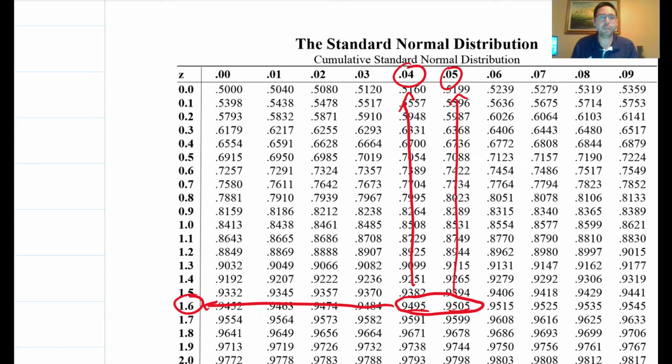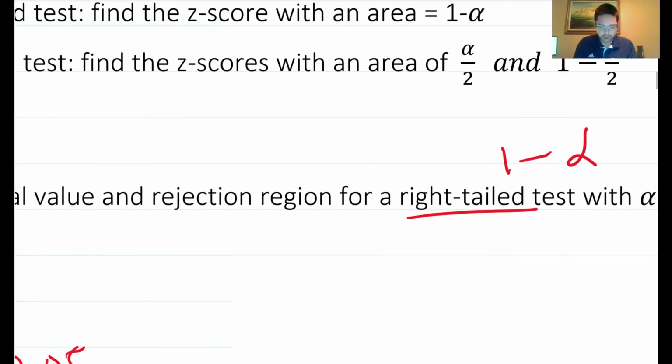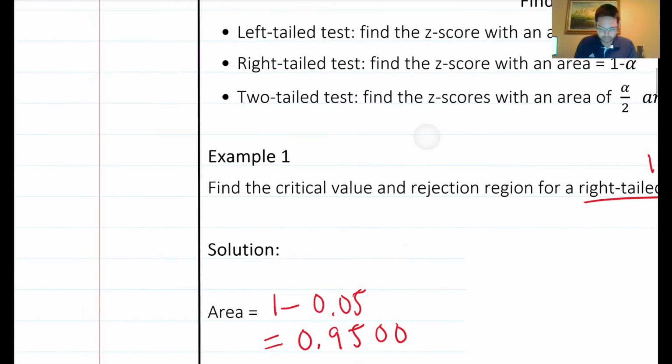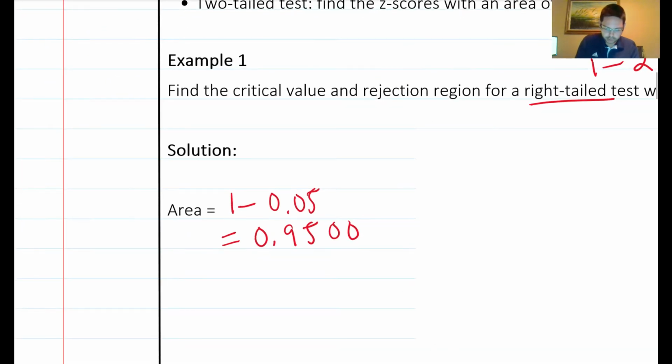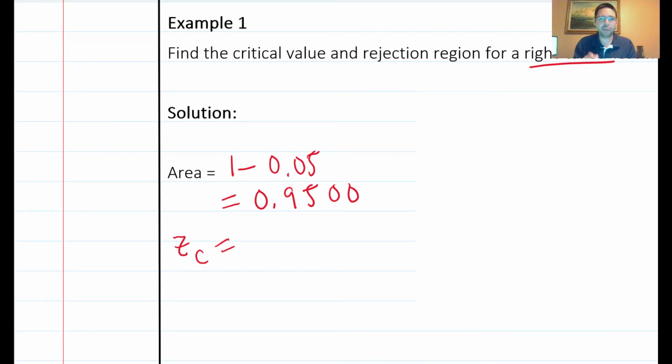So take your pick. We're going to choose 1.65, but you can choose 1.64. It's not a big deal. So therefore, my z critical, I think in my diagram I may have chosen 1.64, but I'm going to write both of them just to be safe. So 1.64 or 1.65. Take your pick, either one.